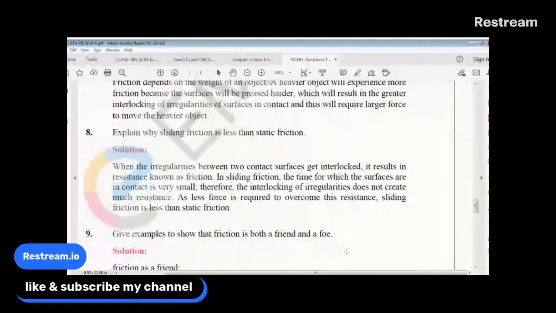Next comes number 9: give examples to show that friction is both a friend and a foe. Friction as a friend, what is it? Friction helps us in walking, right? I'll give you two examples each. First, friction helps in walking, and we are able to write with a pen, or even hold the pen on paper, due to friction.